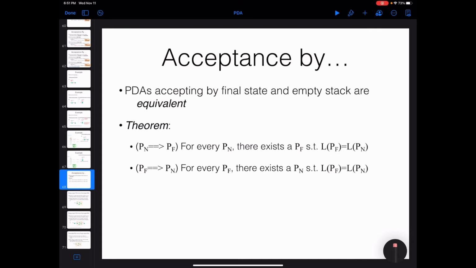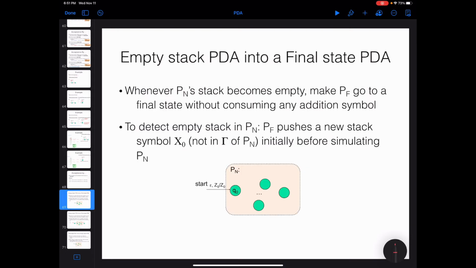So I'm going to show you that if you have a pushdown automata that accepts by empty stack, you can convert it to a pushdown automata that accepts by final state, and vice versa. So these proofs are again constructive proofs. Just assume that you have a pushdown automata that accepts by empty stack, and I am going to show how to convert it to a pushdown automata that accepts by final state.